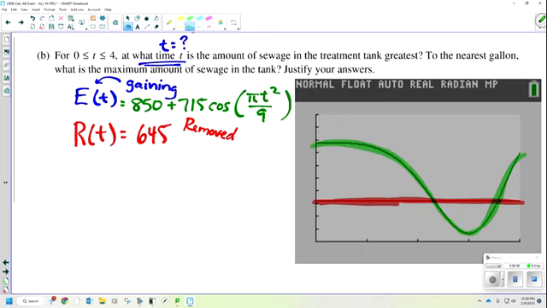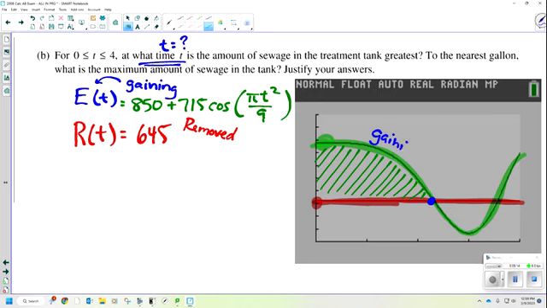I'm always gaining more sewage. And what do I mean? Here, at this point, I'm gaining more sewage than I'm losing, because I'm only losing at this rate. As long as that green line is above, all this area I'm shading in, the green line is always bigger than the red line. So right until I hit this spot, I'm constantly gaining more because my green line, or E of t, has bigger values.